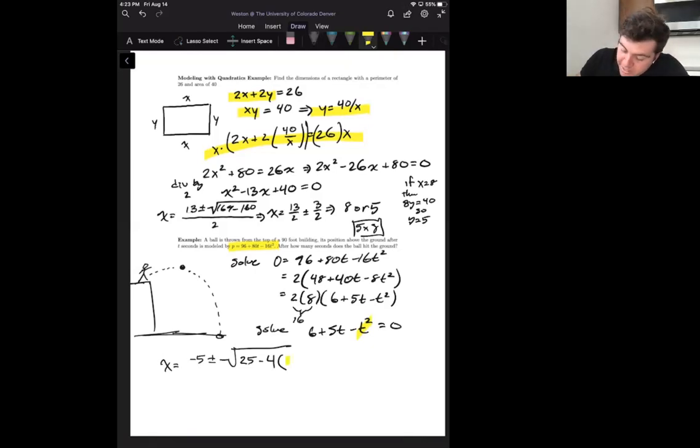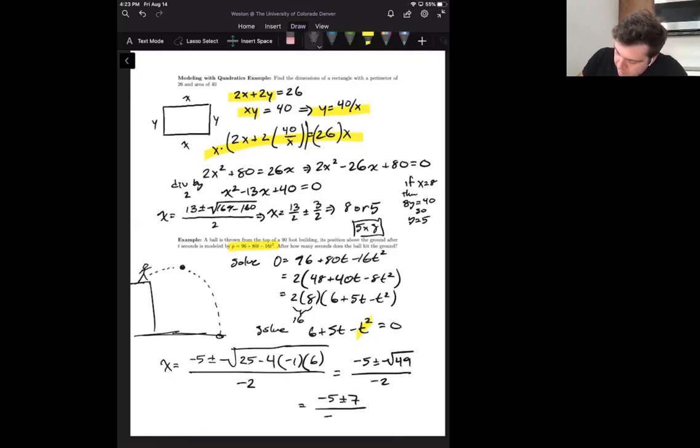So the coefficient for a is -1, and the coefficient for c is 6. And we divide everything by -2. So that gives us -5 plus or minus the square root of 25 plus 24. So that's 49 over -2. It's going to be -5 plus or minus 7 over -2.